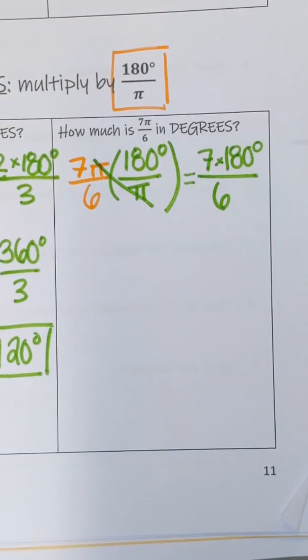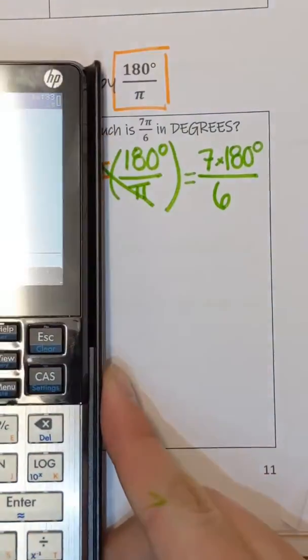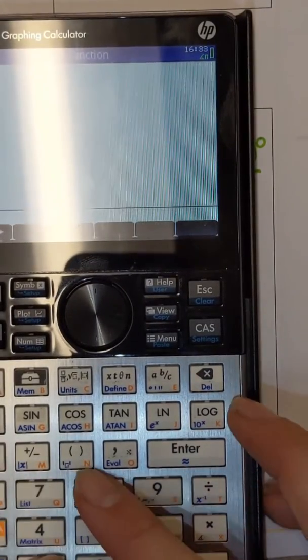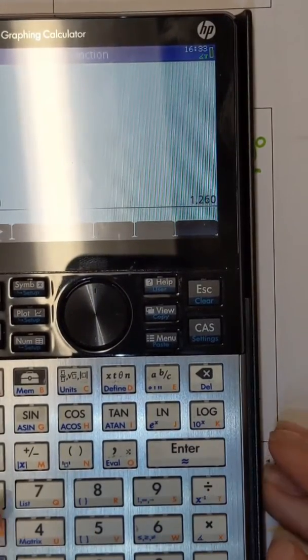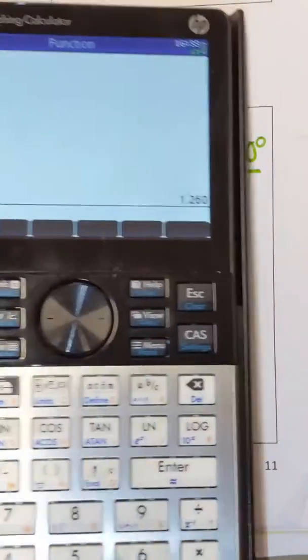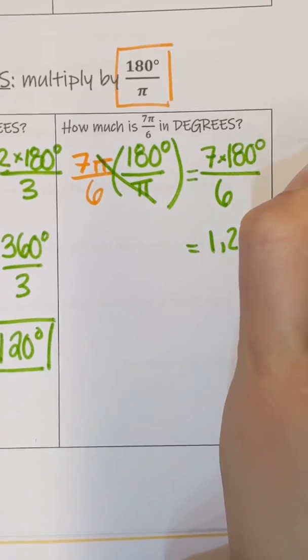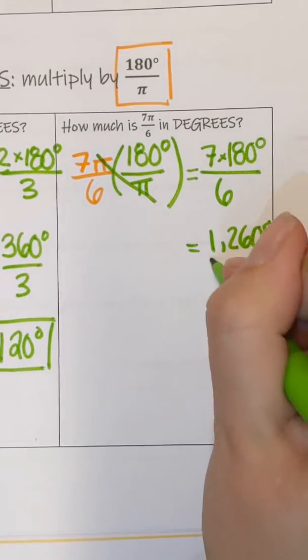So what's 7 times 180? We can always just use our calculator. 7 times 180 is 1,260 degrees.